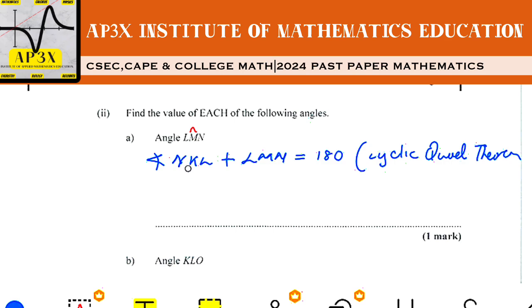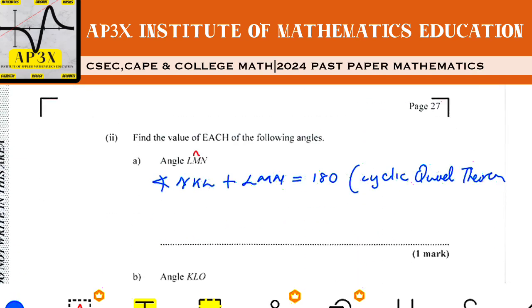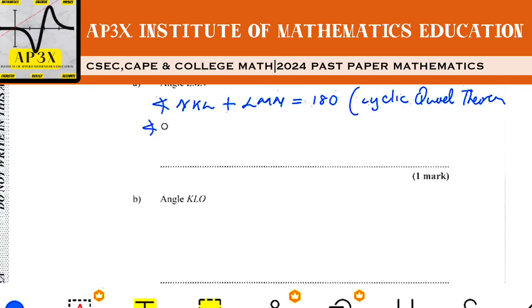So if I set out to find angle NKL, I can go ahead and add 56 plus 48 and take that from 180. So angle NKL is equal to 180 minus 56 plus 48.